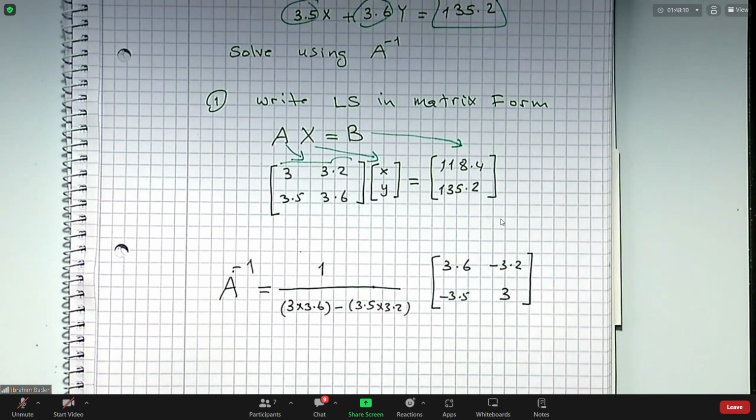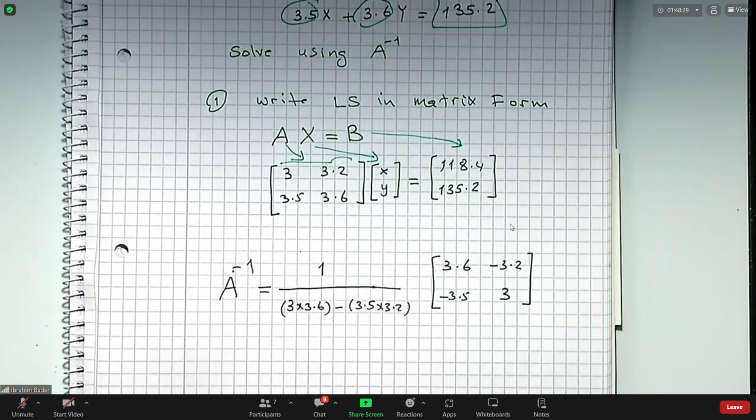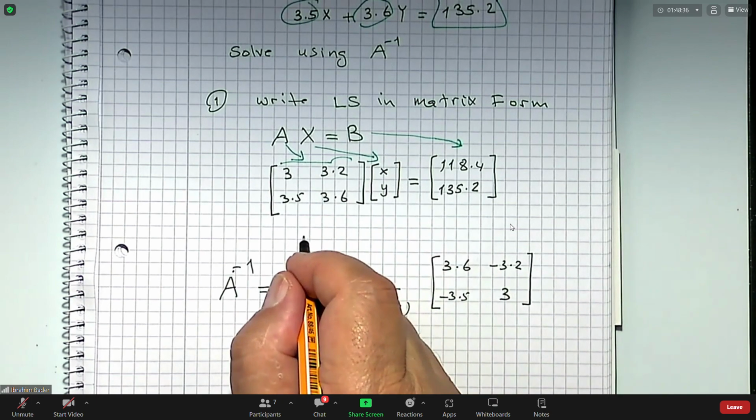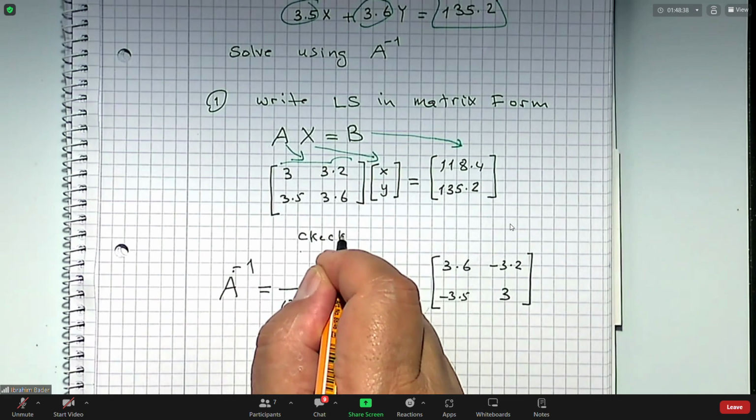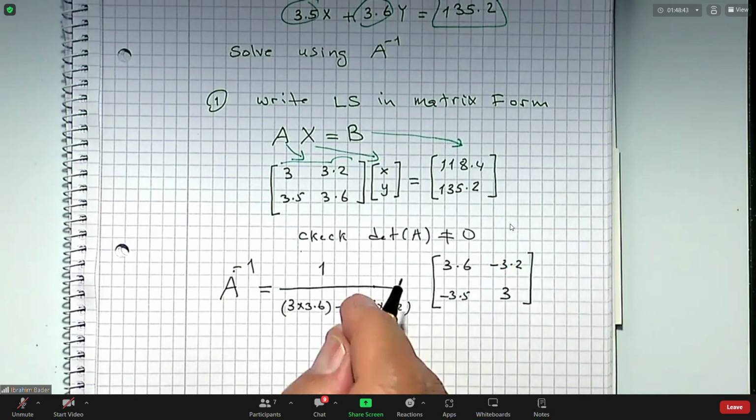Now I don't know what I get here, so I evaluated this somewhere. I just evaluated everything here, but important here, maybe I will write it here: check that the determinant of A is not equal to 0. So obviously this is not equal to 0.